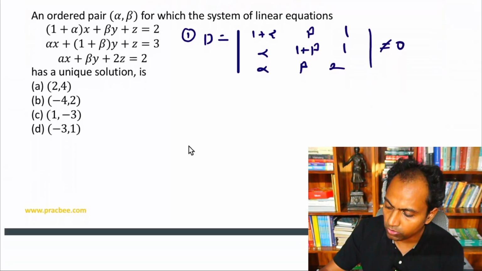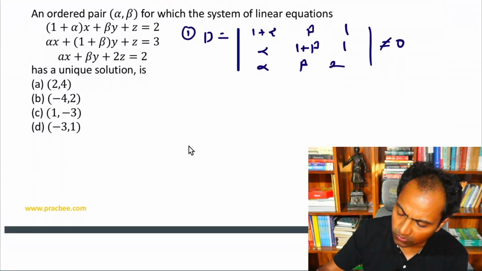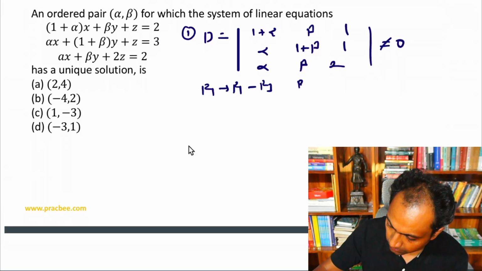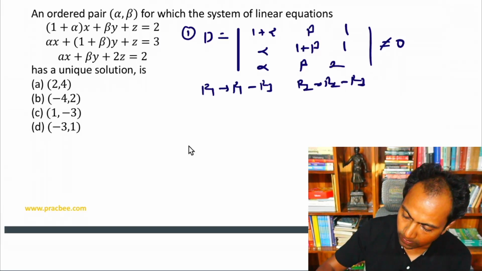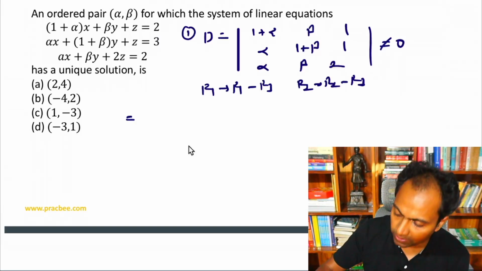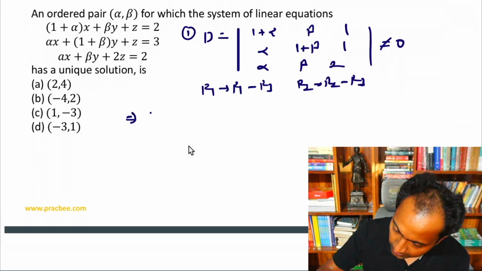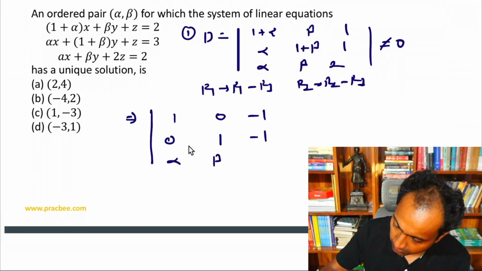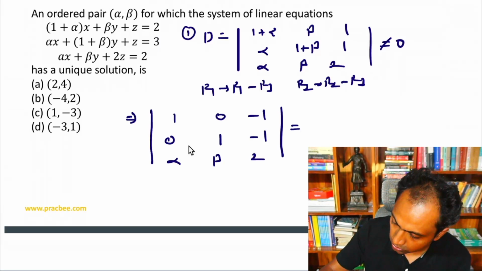See, now if you want to analyze this, the logic is very simple. Let us apply the properties. R1 tends to R1 minus R3 and R2 tends to R2 minus R3. This is what we are going to apply. And if I apply it, then what am I getting? This will become 1, 0, minus 1, 0, 1, minus 1, alpha, beta, 2, should not be equal to 0.